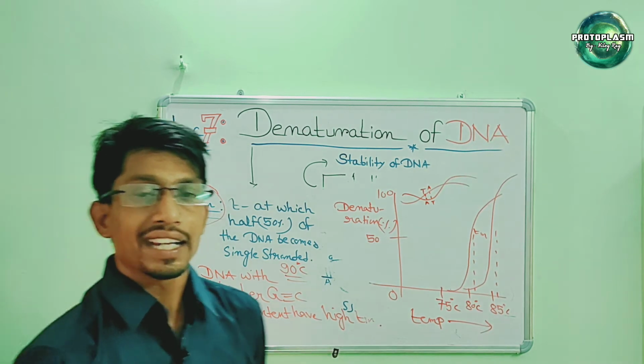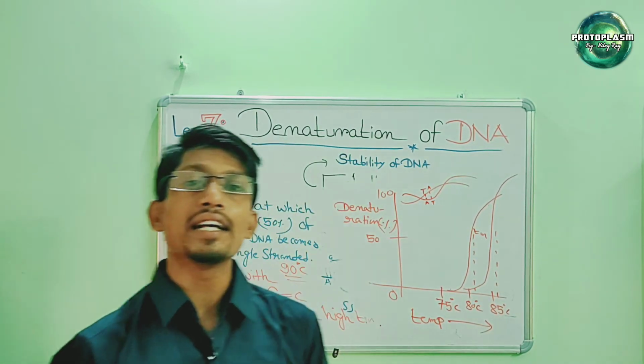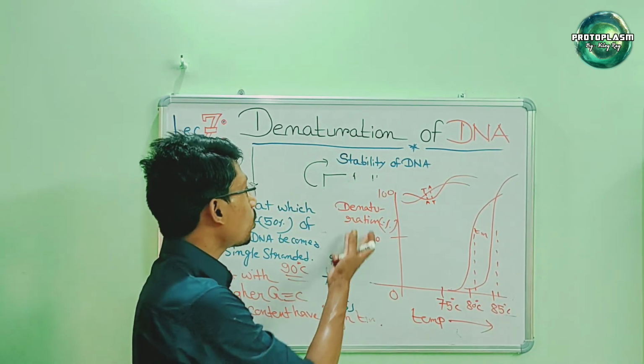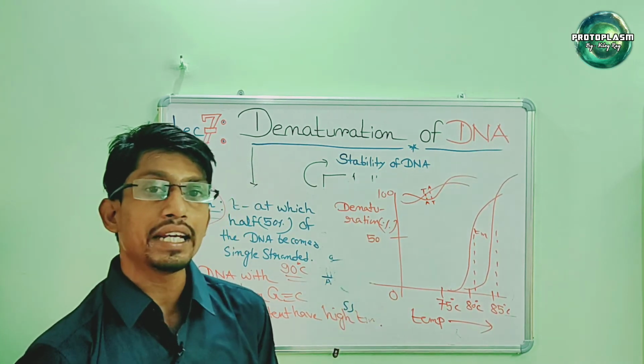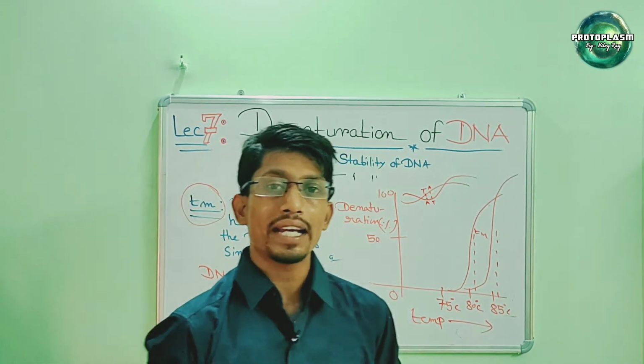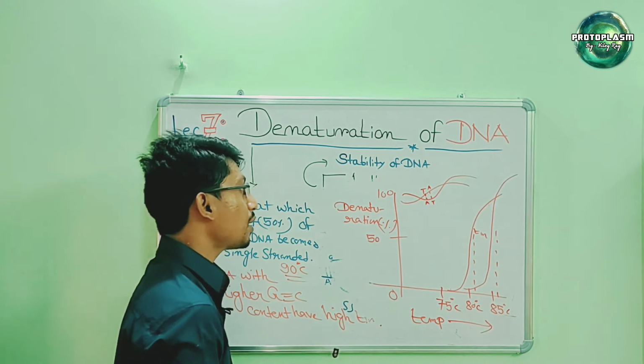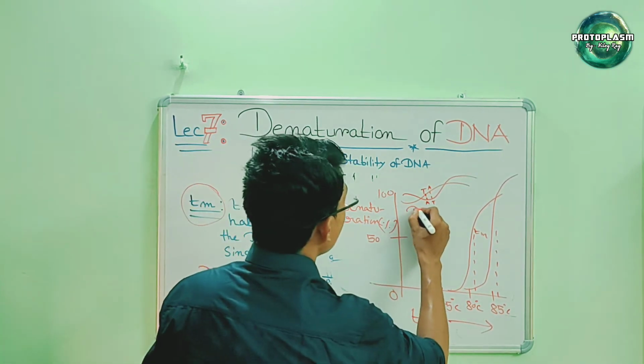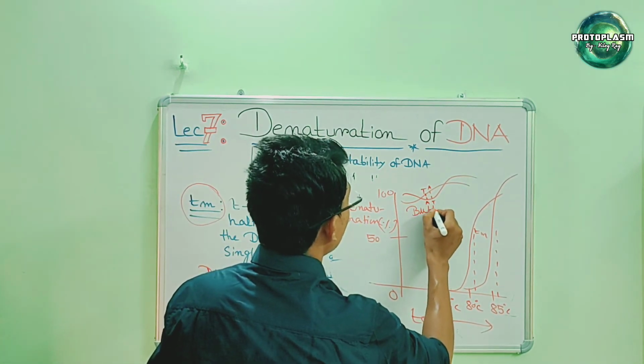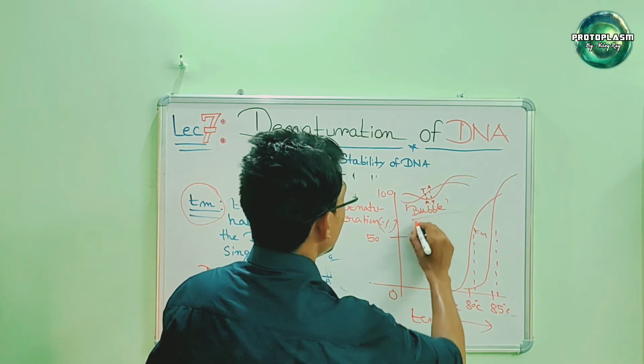Remember this point: if we open the DNA double strand by controlled denaturation only in the regions where AT-rich sequences are present, there is a bubble formation within the DNA.